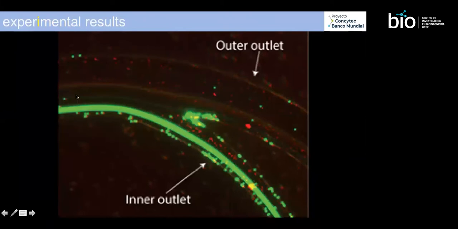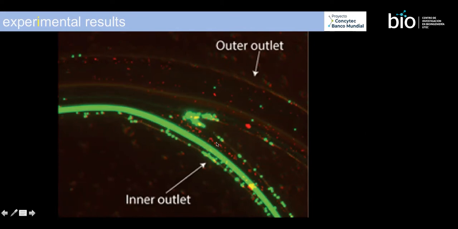And as you can observe from the inner outlets, most of this green is going through that channel. There are no, or only a few, green particles going through the outer outlets. This is not completely true for the red particles.